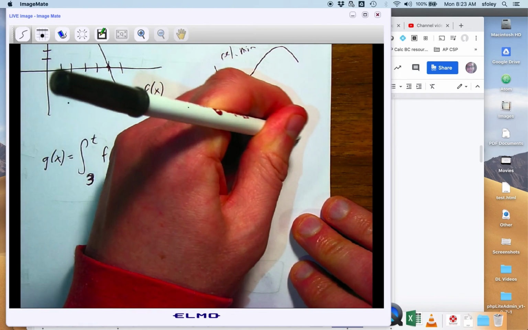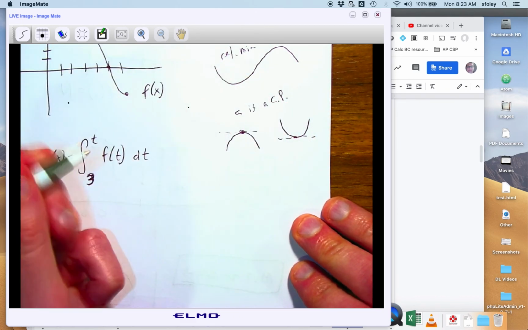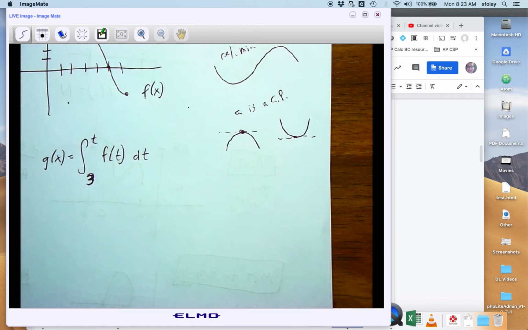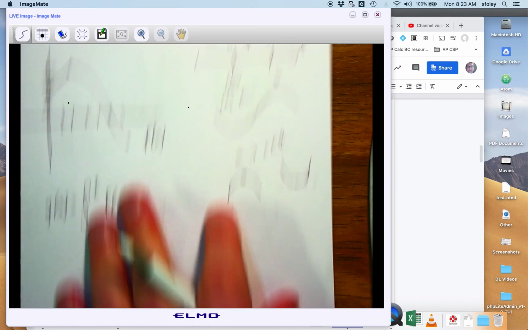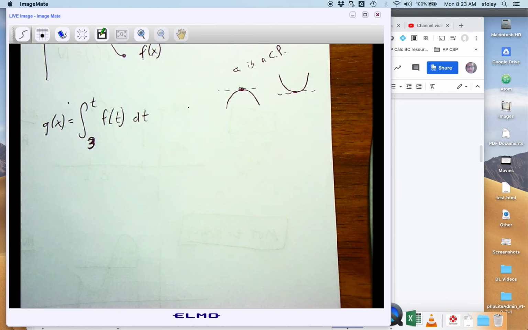Whereas if you've got a critical point and the graph is concave up, then you know you've got to have a minimum. So again, it depends on the type of information they're giving you. You might be able to use the first derivative test, that number line. You might have to use the second derivative test.